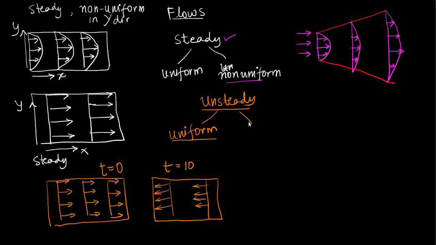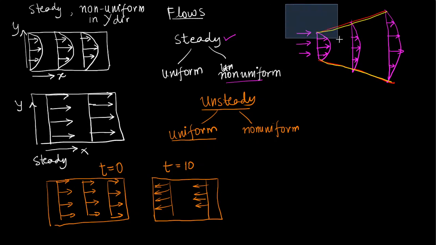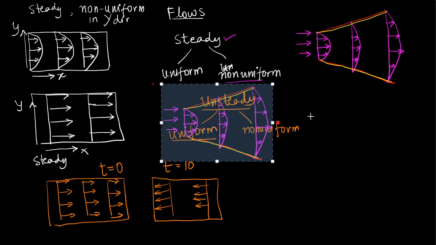And lastly, the most general case, a flow which is both unsteady and non-uniform. In this case, we can look at this particular flow domain, and instead of having uniform flow coming in which is not changing over time, I can have a flow which changes over time. So let the inlet flow at this particular time instant look something like this, but the inlet flow at a certain other time instant may be in the opposite direction.